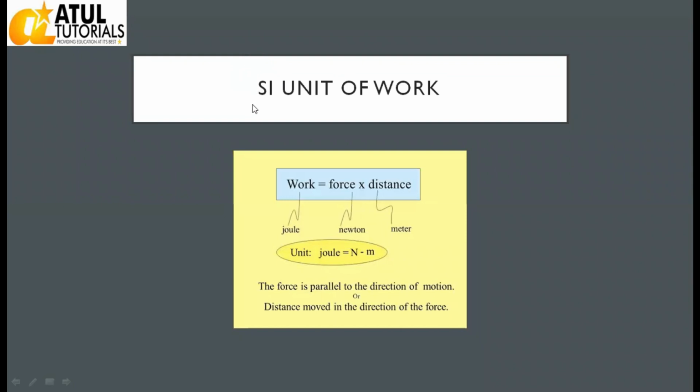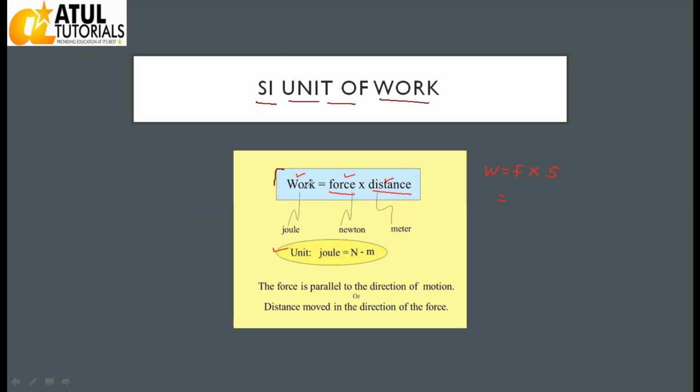Next topic is the SI unit of work. Calculating the SI unit of work is very simple. We know the formula for work, that is work is equal to force into displacement. Work is equal to F into S. And if we know the SI unit of force and distance or displacement, we can easily calculate the SI unit of work.